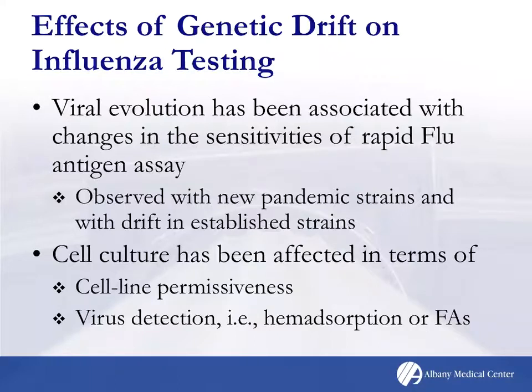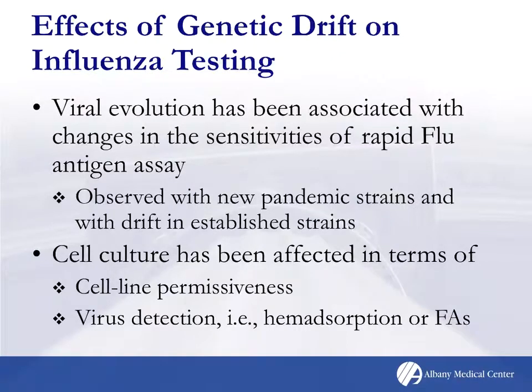Okay, so the drift that occurs in the influenza genome doesn't only have an effect on vaccine efficacy, but it also affects other things such as laboratory tests. And it's classic that antigen assays, especially the rapid antigen assays, have had problems as the viruses have changed over the years.